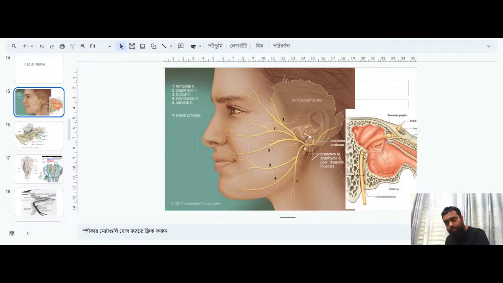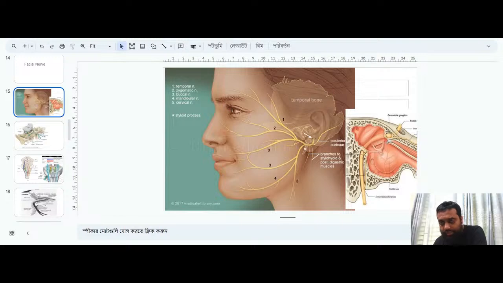Roll number 20 gave me the answer, but roll number 19 did not give the answer. So what is your answer, roll number 19? Roll number 20 has the answer that the person who has wrinkle in the forehead has the upper motor type of lesion.